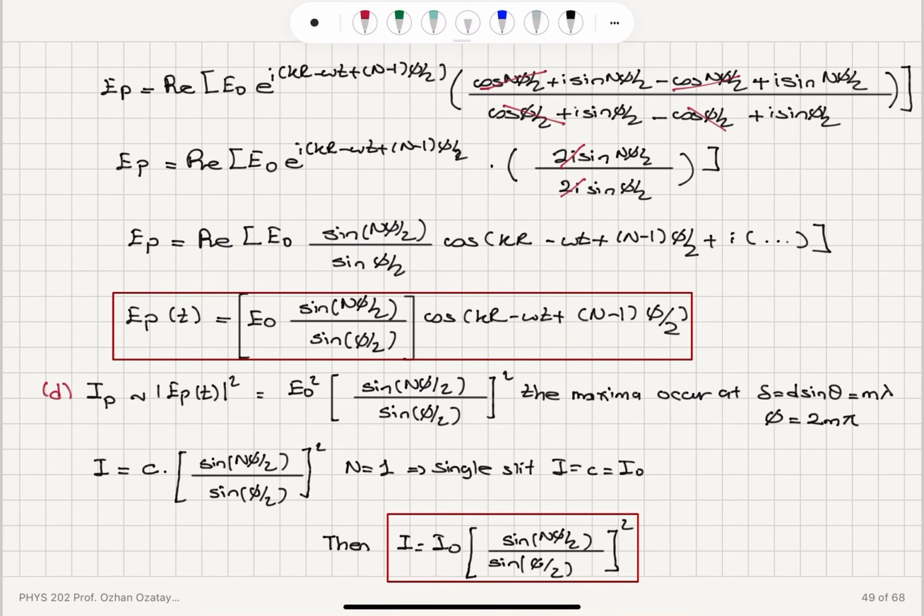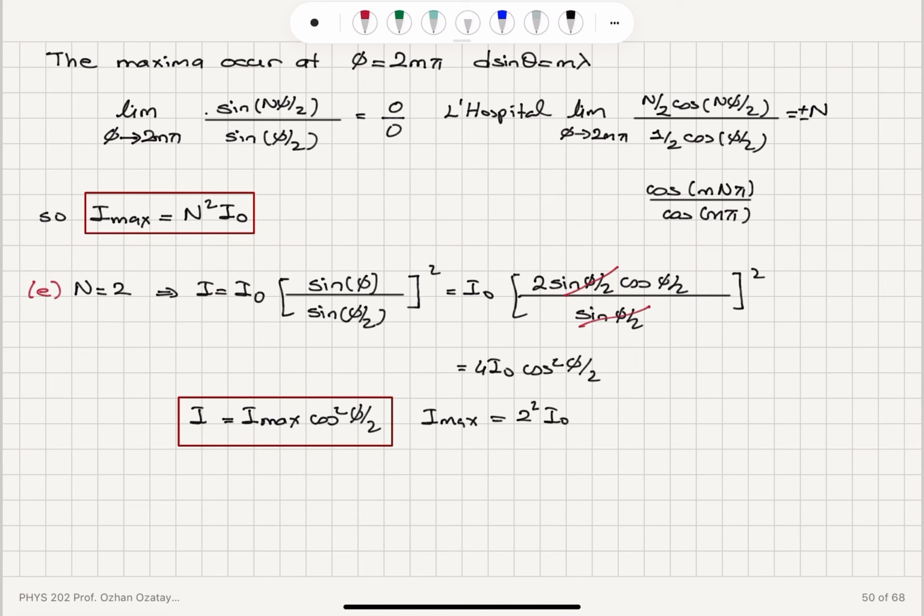So we find that for N equal to 1, that squared will give us 1. So this intensity is maximum I0 for the single slit. And for N number of slits, this ratio is plus or minus N, its square is capital N squared. So N squared I0 is the maximum intensity.